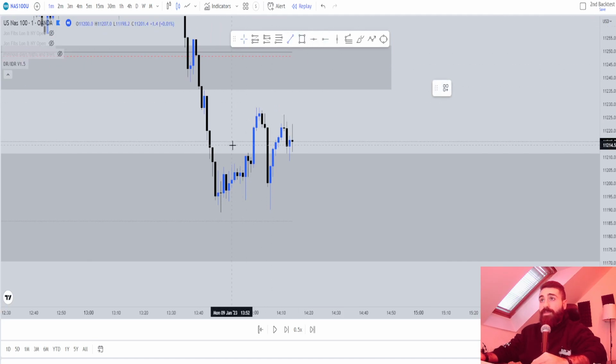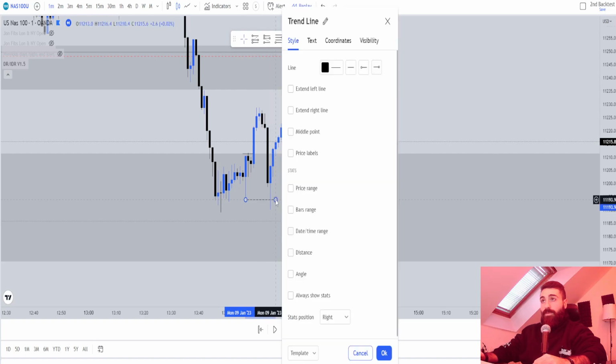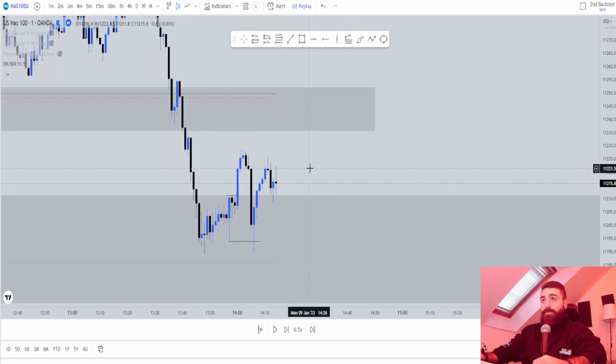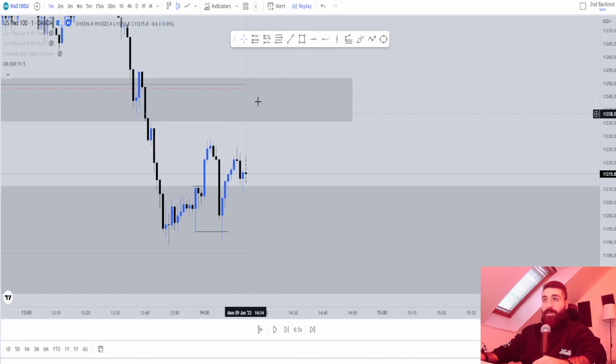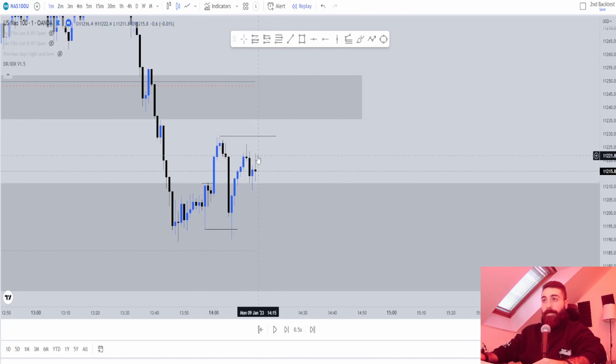We can see the short-term high here gets broken. We went above it. There's an order block right here. We went below it. We took liquidity from this low. Now what I want to see is a break of this short-term high.